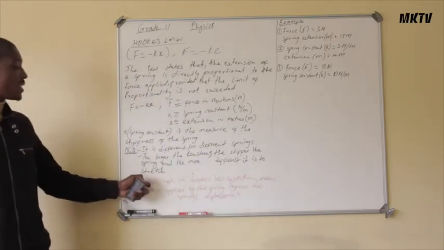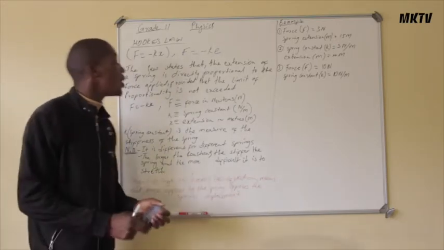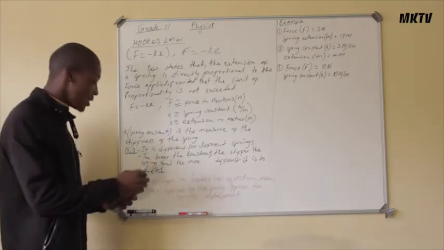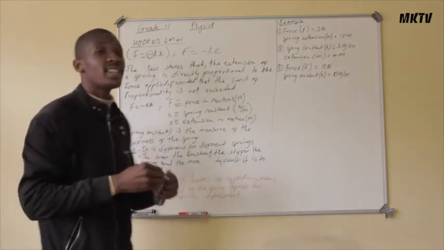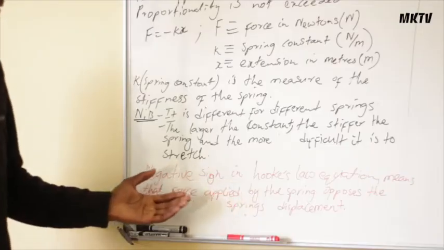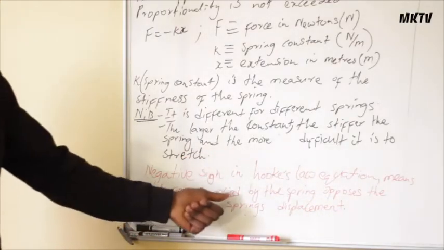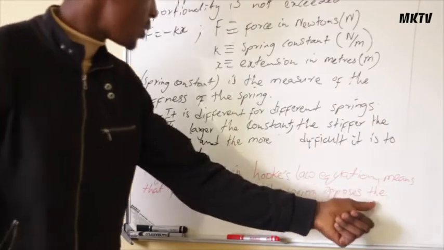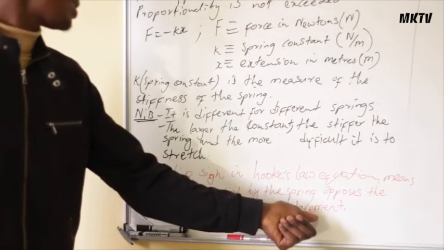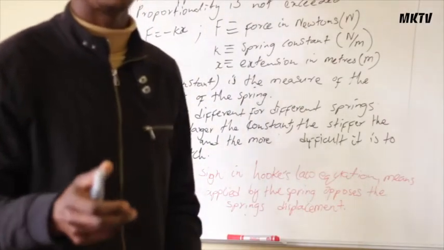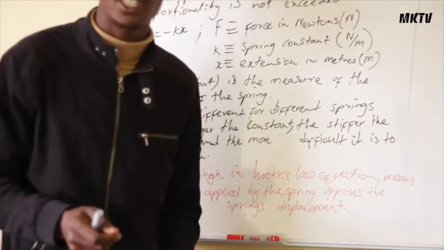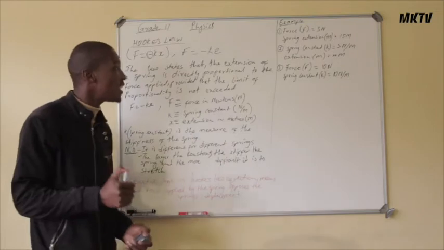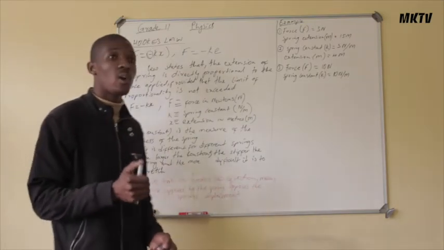So moving on, we can notice that we have the negative sign right here in Hooke's law. The negative sign in the equation means that the force applied by the spring opposes the spring displacement. What do we mean by the displacement? Remember, in physics we have two types of quantities, the vector quantity and the scalar quantity.